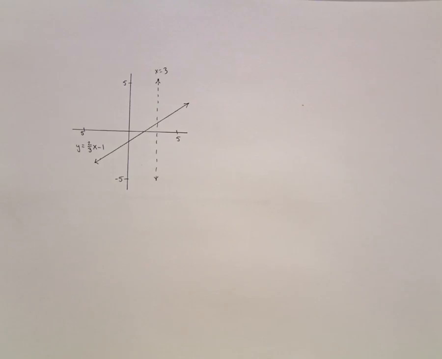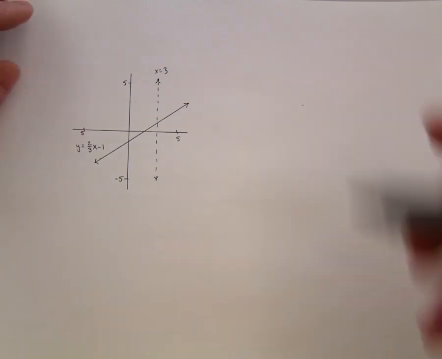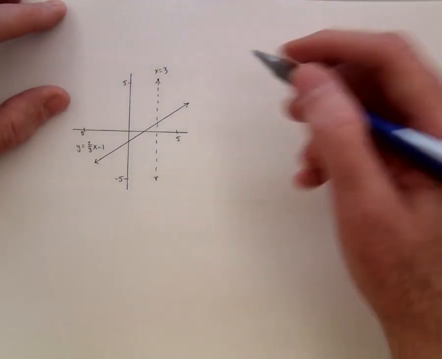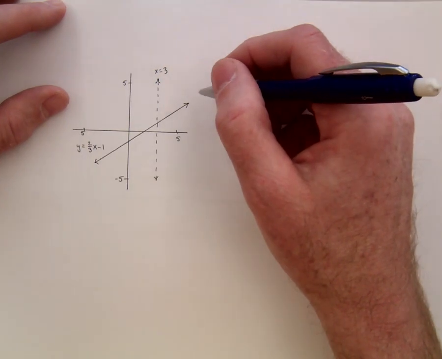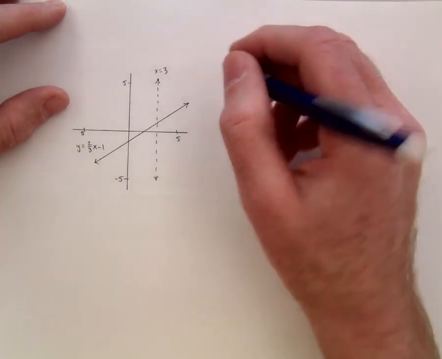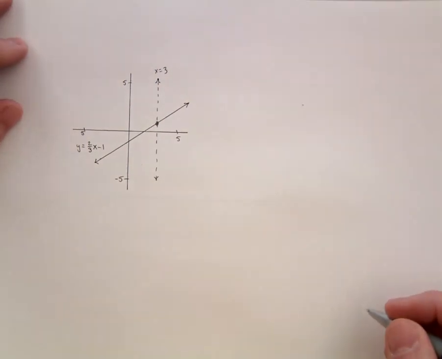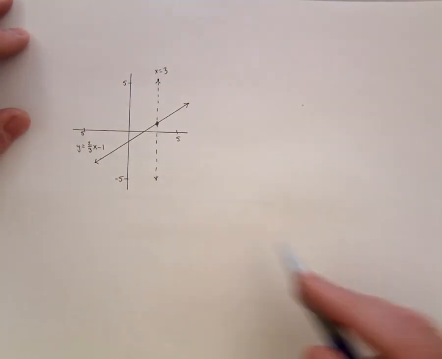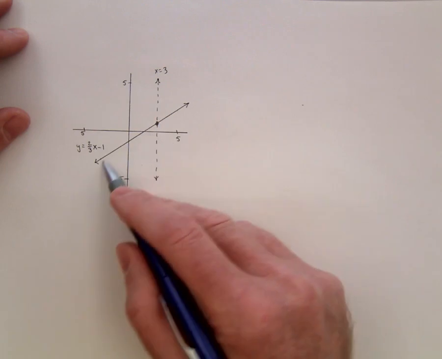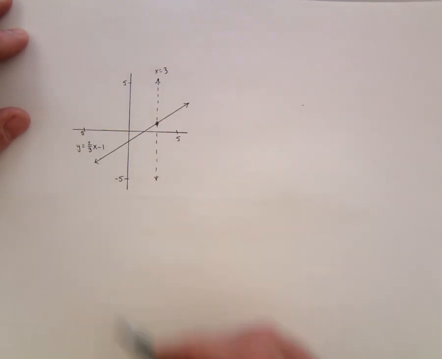A little bit trickier question. What about reflecting a line across another line? What if we try to reflect the line y equals 2/3 x minus 1 across the line x equals 3? Well, you can do some things with slope, but probably the first thing we should do is to take note of the fact that since this point on this line is also on the line of reflection, it's not going to go anywhere.